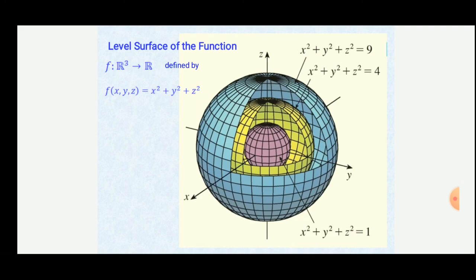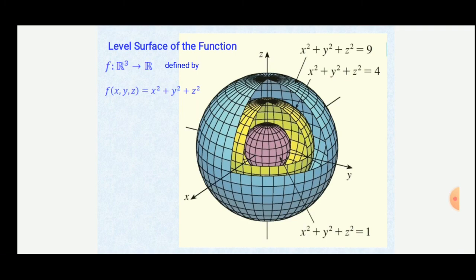For k equal to 4, I will get x square plus y square plus z square equal to 4, which will be a sphere of radius 2 centered at the origin. And for k equal to 9, I will get x square plus y square plus z square equal to 9. That means it will be a sphere centered at the origin of radius 3.